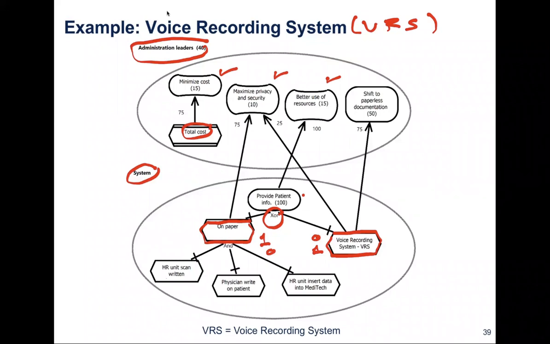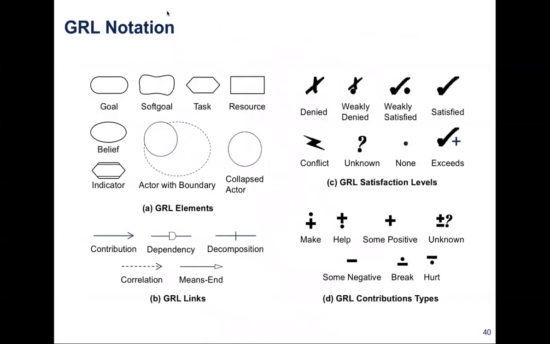So it's very important to note that not only do we have connections inside each actor node or actor circle, but we can also see a lot of connections between different actors based on the communication and the relationships between the actors.